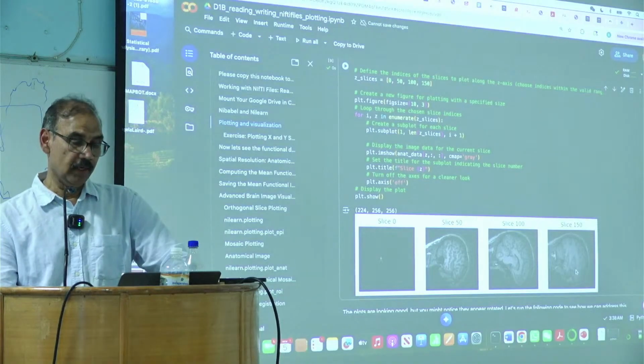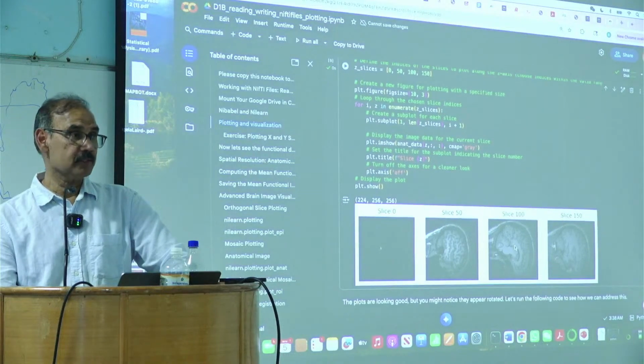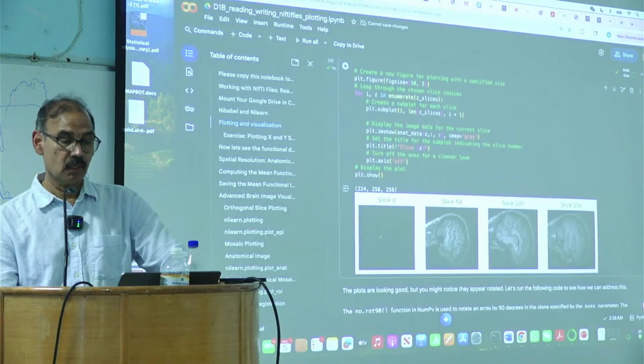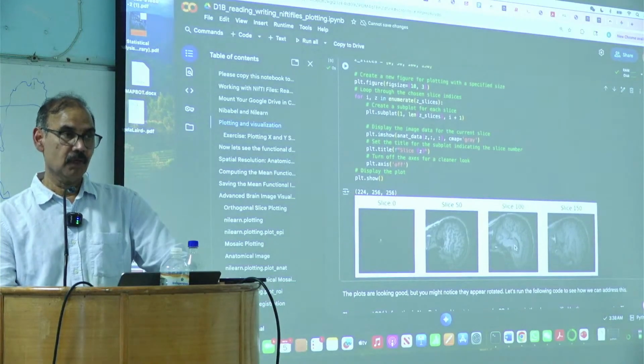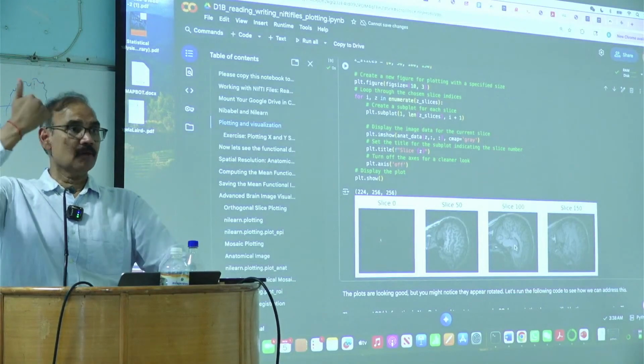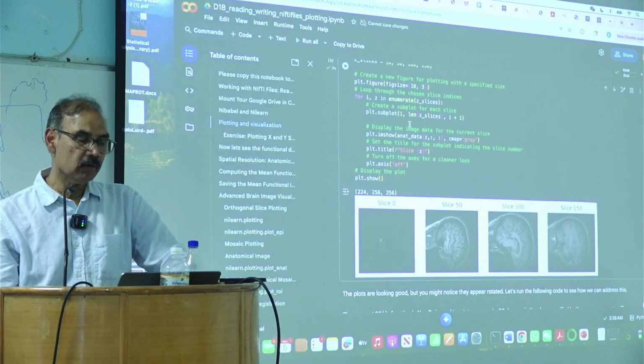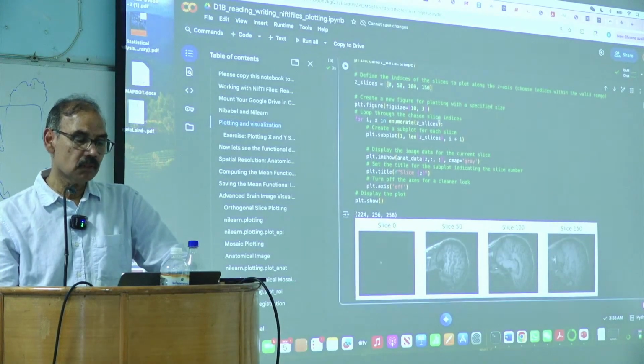So this one is sagittal or coronal. What kind of image is this? Is this way or this way? So this one is sagittal, right? Now, to do coronal, what is the command?